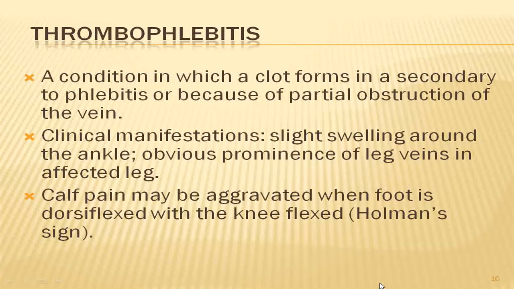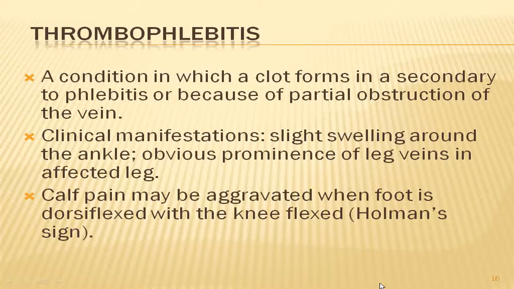So clinical manifestations of thrombophlebitis are a slight swelling around the ankle and obvious prominence of leg veins in the affected area. Calf pain may be aggravated when the foot is dorsiflexed with the knee flexed, and this is what we would call a positive Homans sign.